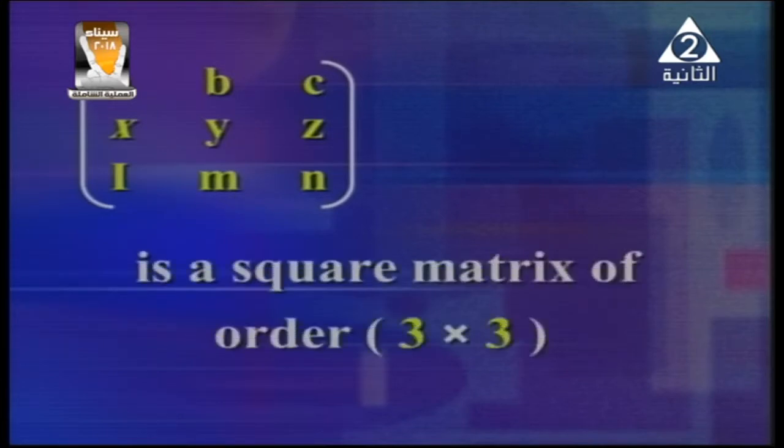Look at the matrix with entries A, B, C, X, Y, Z, I, M, N. It is also square. Why? Because it has 3 rows and 3 columns. Its order is 3 times 3.